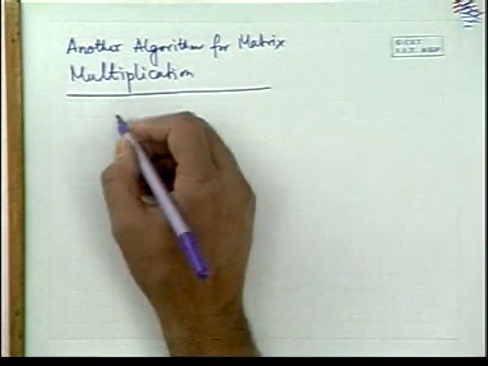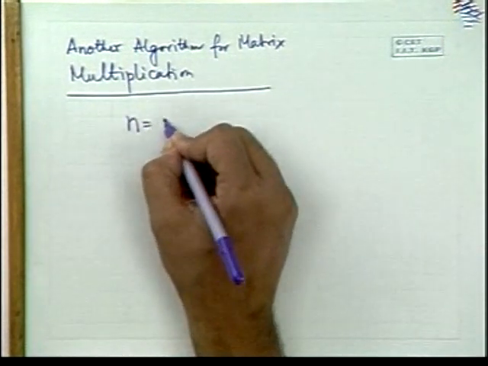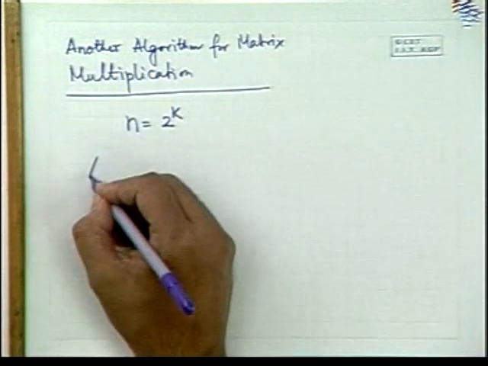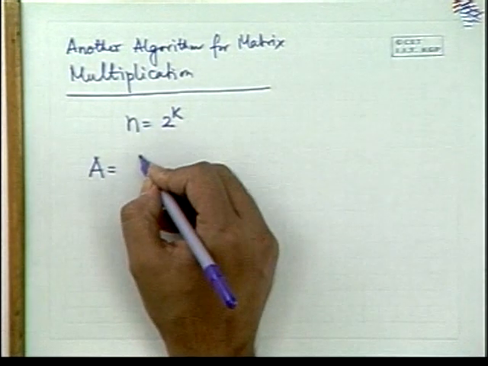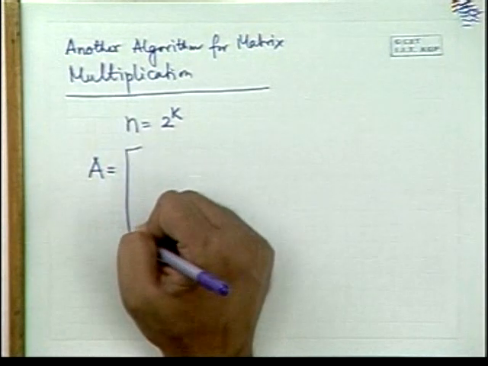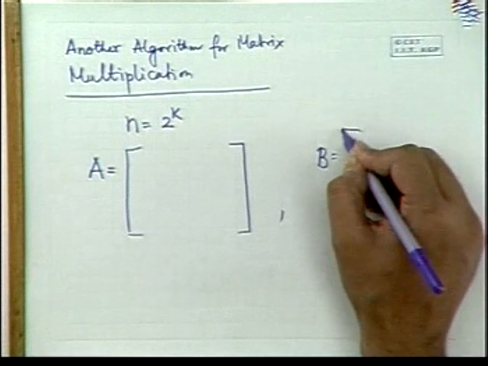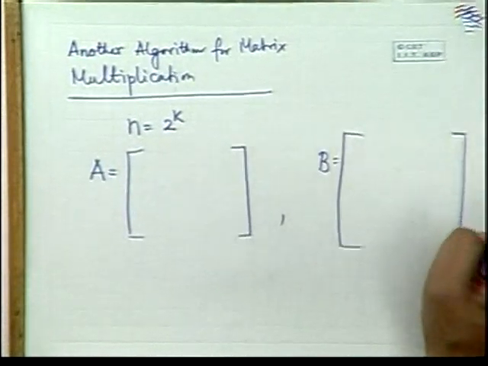For the convenience, again I assume n is equal to 2 to the power k, is a power of 2. Now suppose we have been given this matrix A and I have been given another matrix, say B, both are n by n.